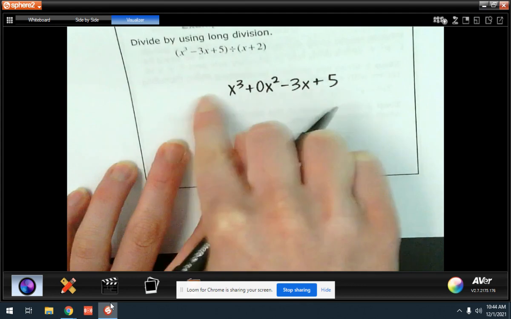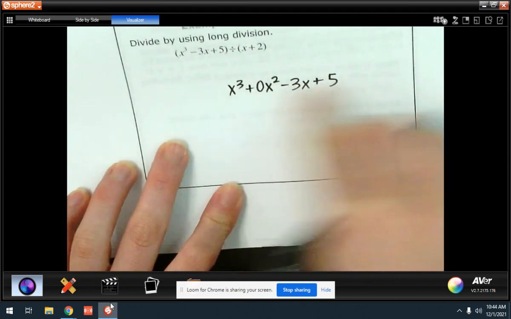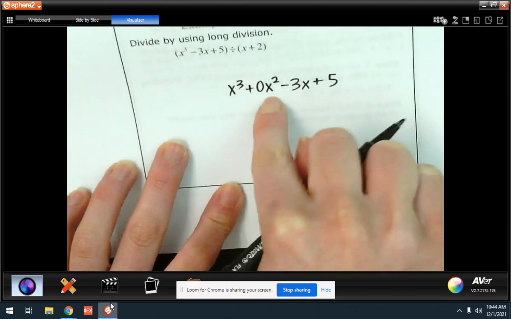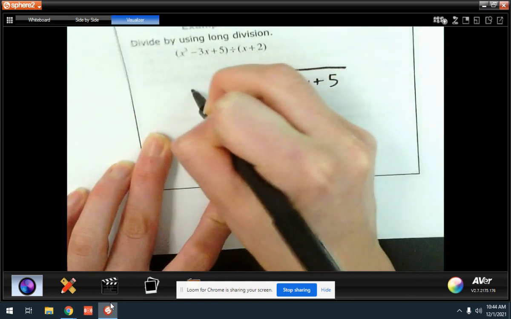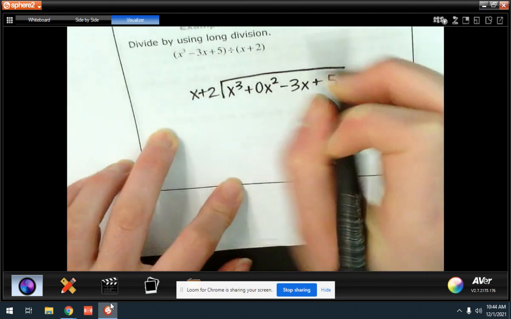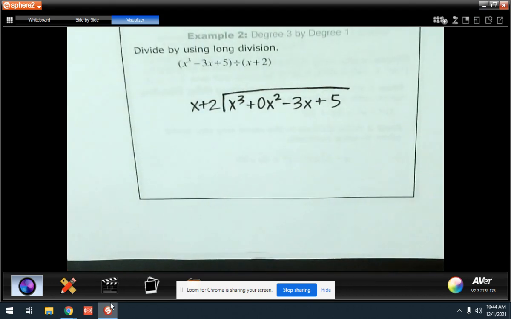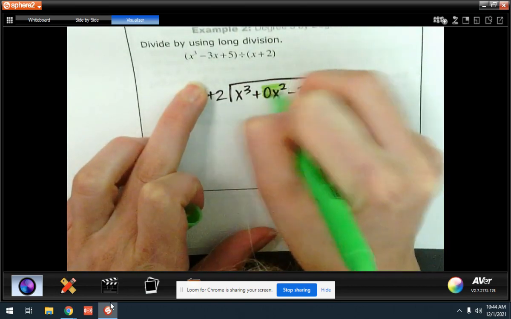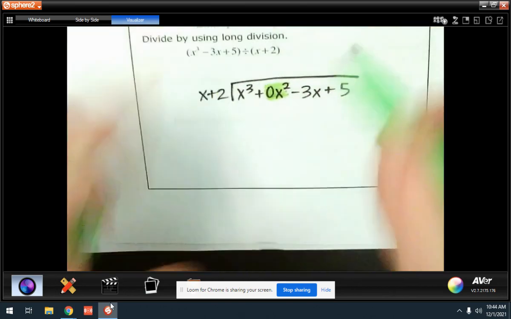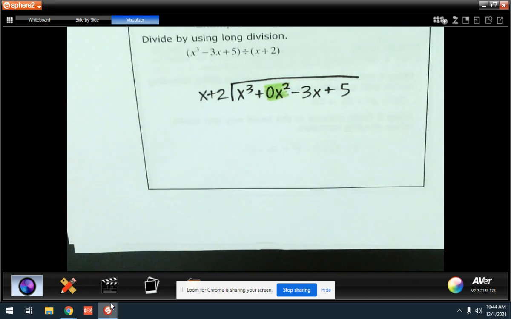You don't put any terms at the beginning, but if it's missing any terms after, that's where you put the 0 as a placeholder. Okay, and so we are dividing it by x plus 2. And so this placeholder is extremely important.